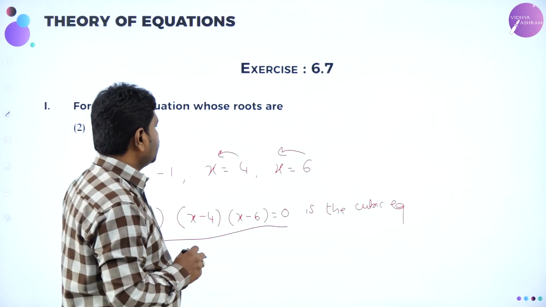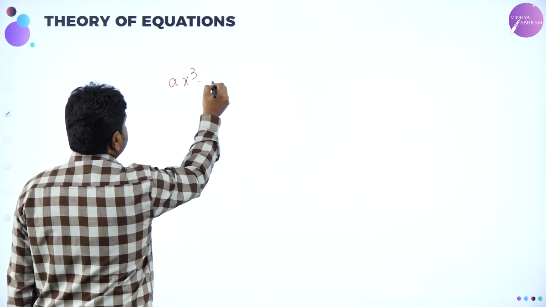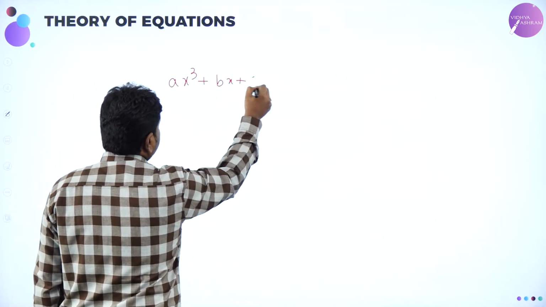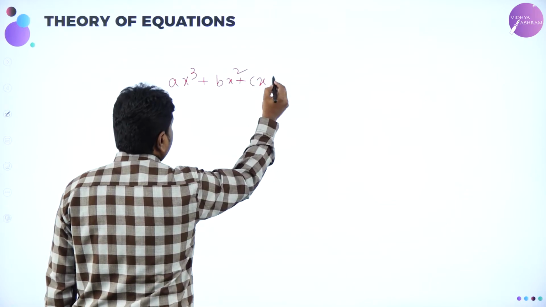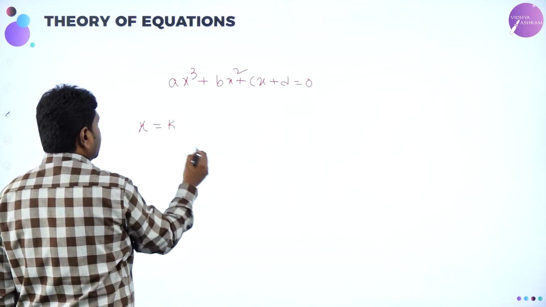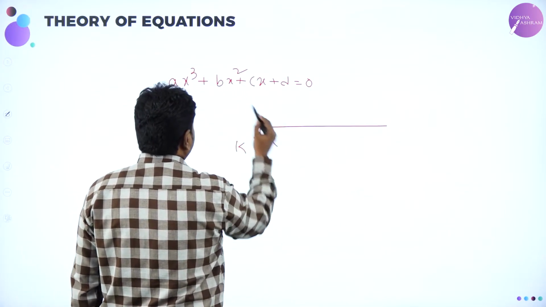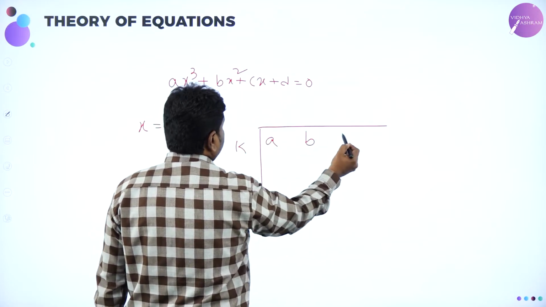So what is synthetic division? Synthetic division means, if it is ax cube plus bx square plus cx plus d is equal to 0 and x is equal to k is the multiplier, then you should take k outside. Then you write the quotients: x cube a, x square b, then c and d.